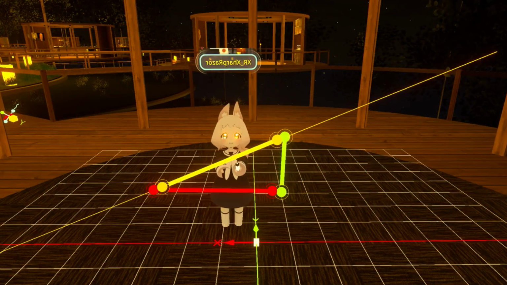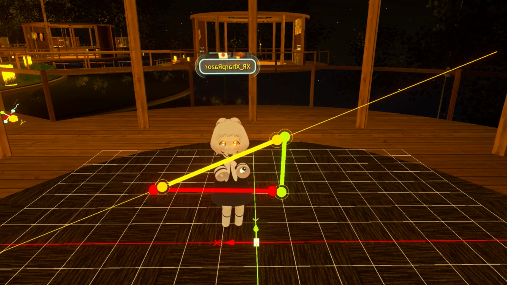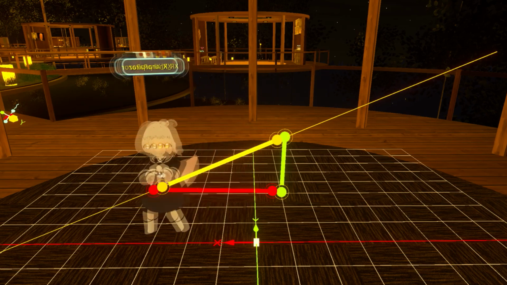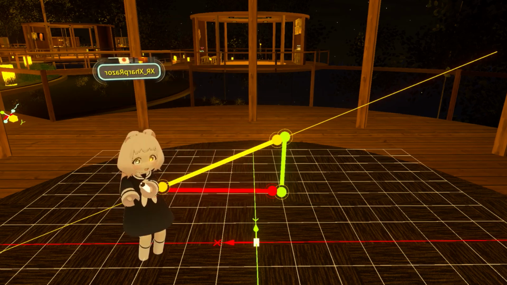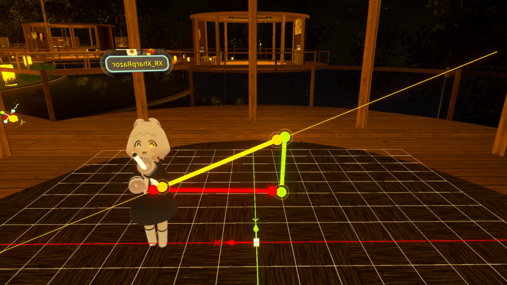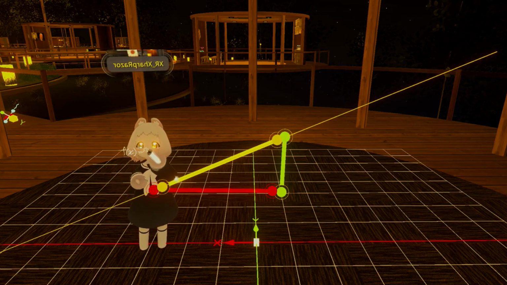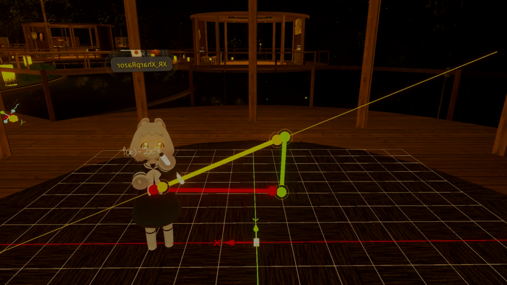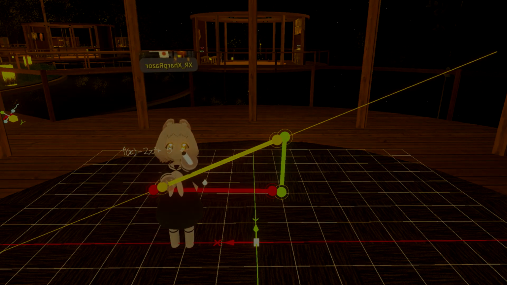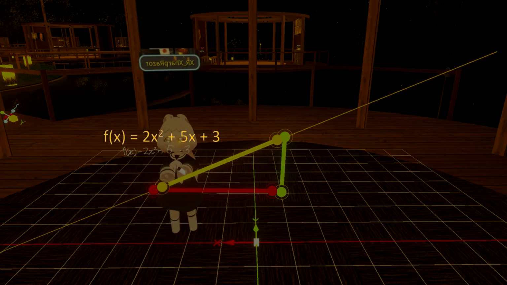Alright, so in this case, let's quickly go through a mathematical example to find the derivative of a function. Let's say our function is f of x equals 2x squared plus 5x plus 3. So this is our function.